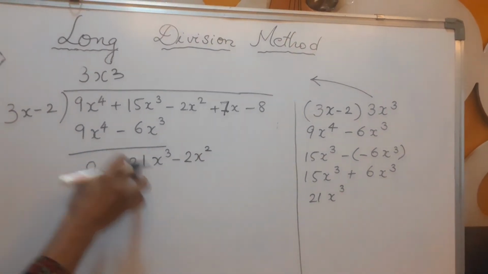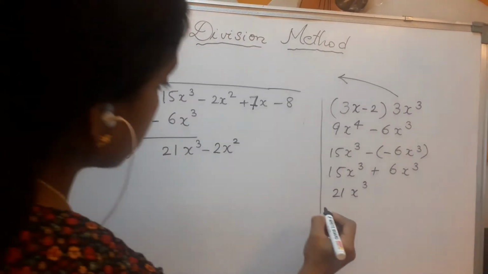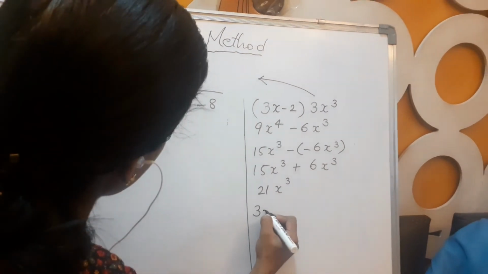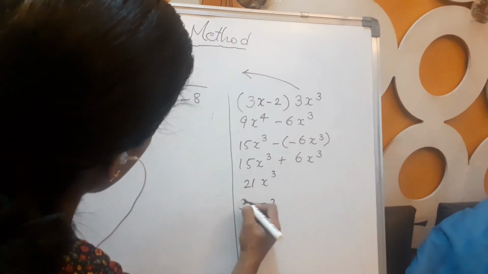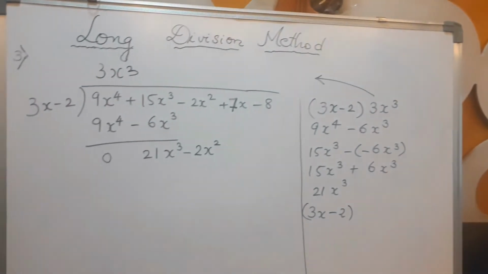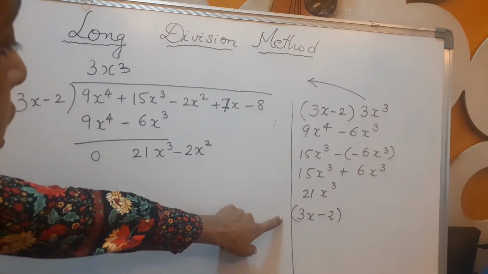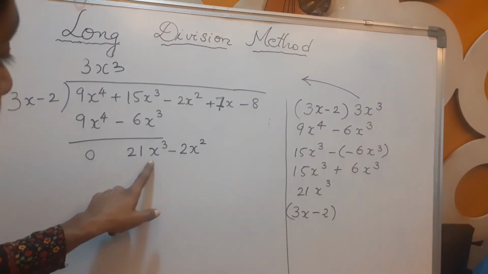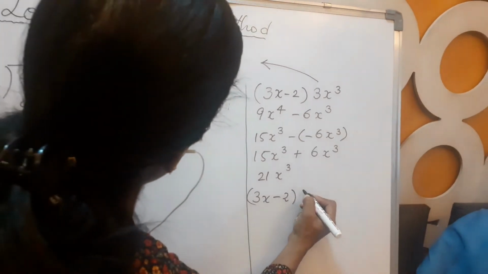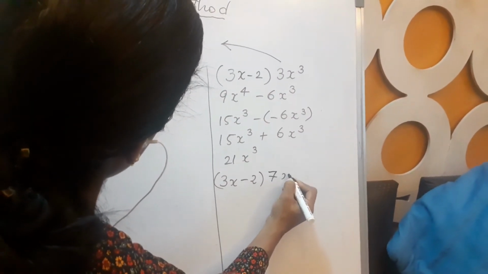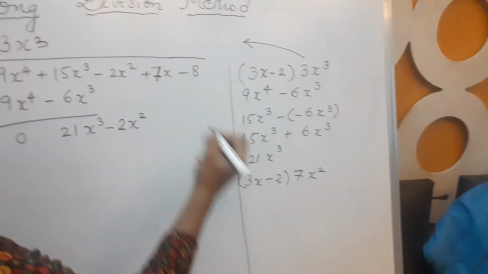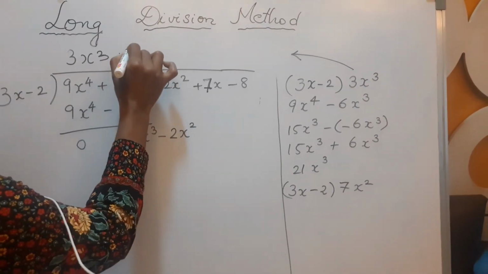Alright, now again divide this. So again the same thing, bring the divisor here, and then see what multiplied by 3x gives you 21x cube, that is nothing but 7x square, right? This is immediately brought here.